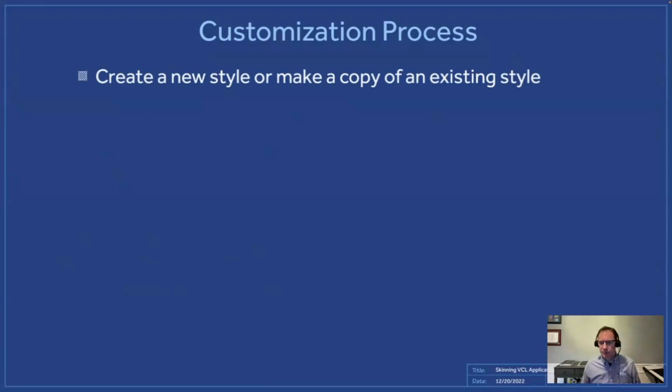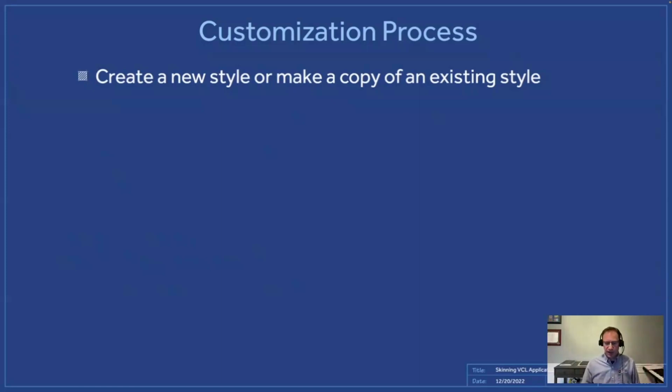So the customization process itself is pretty straightforward depending on the level of customization you want to do. You're not going to have to create all the objects and pieces yourself. You're going to start with an existing style, which is the easiest, or you create a new one within the Bitmap Style Designer, and it has all the default object values already in there, at least as a starting point.